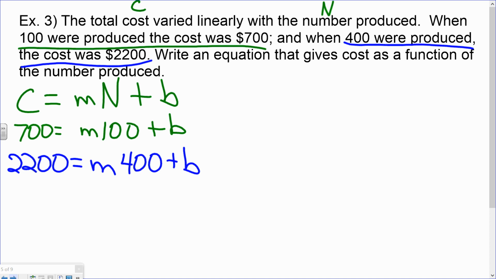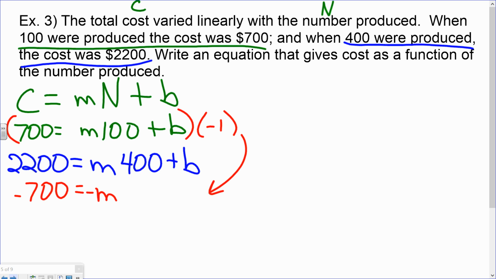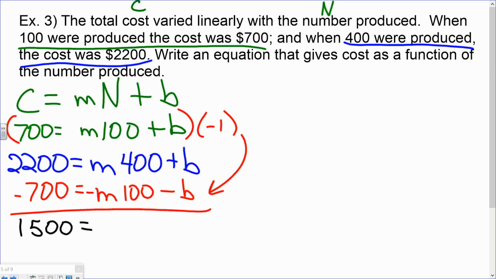So I am going to multiply this first one by -1 so that I have minus 700 is minus m times 100 minus b, giving me what? 1,500 is, and I'll get my number in front of the m this time, 300m, and the b's have canceled out. So Emily B, what's m?